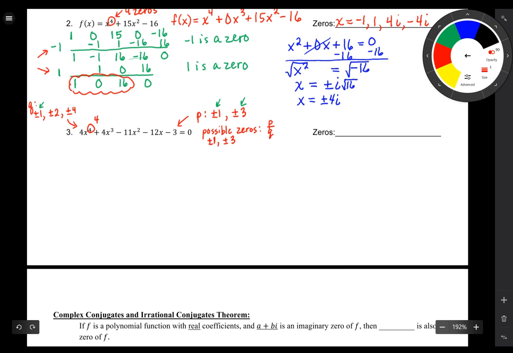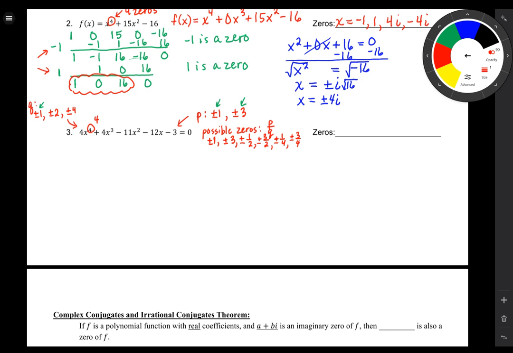Now take those same two numbers for p and divide each one by 2. So it'd be 1/2 and 3/2. And now take the same two numbers and divide by 4. So you have 1/4 and 3/4. So you have a total of 2, 4, 6, 8, 10, 12 zeros to choose from.